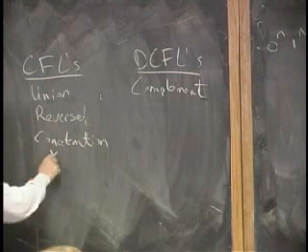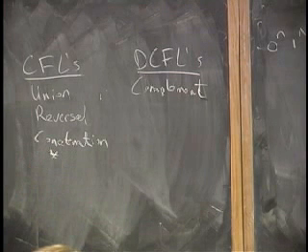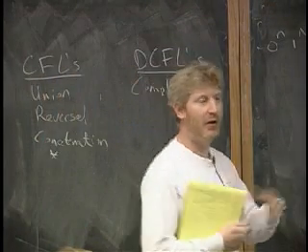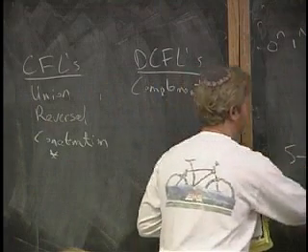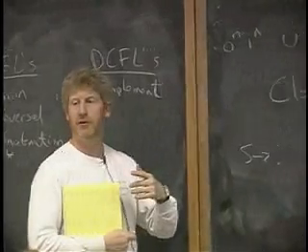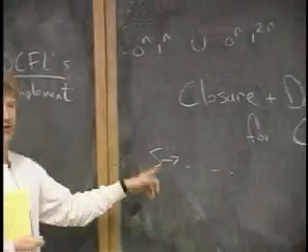What about star? Is it closed under star? Yes. How do you show that it's closed under star? If I have a grammar, S, a context-free grammar, that generates a lot of stuff, how do I make a new grammar that generates any repetition of any string here?